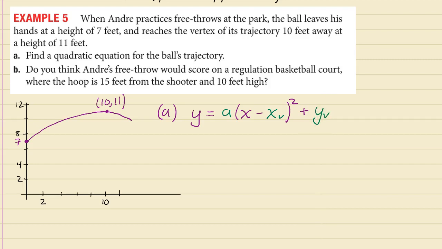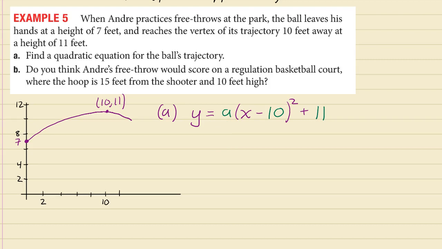This means that an equation that looks like this will have the vertex xv, yv, and the a determines how narrow or wide it is. So in this case, our xv, yv should be 10, 11. So it's going to be minus 10 and then plus 11 on the outside there. The equation would look kind of like this, but different values of a are going to give you different parabolas that all have the same vertex.